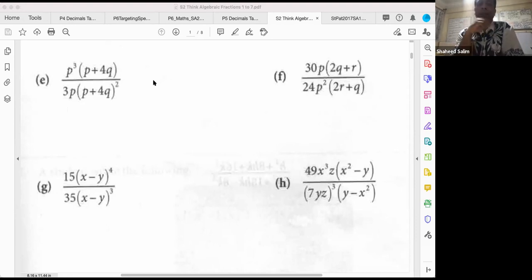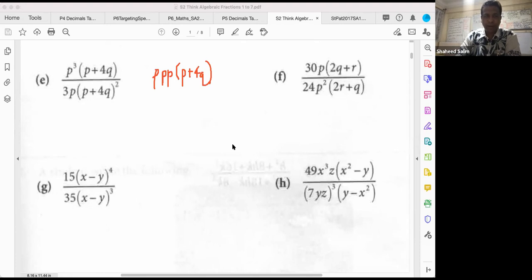Okay, you try the next one. I will write it down so that you can see clearly. Maybe Ryan, once you see this, you might be able. So Inshira and Ryan, I don't think you got it right now. So P3 is like P, P, P. And then now here is P plus 4Q. Okay, let's see. I think Shafi has given the answer. Let me just check his answer first.